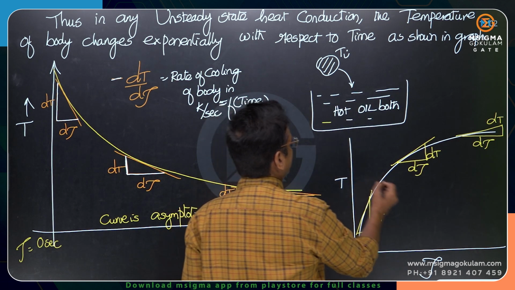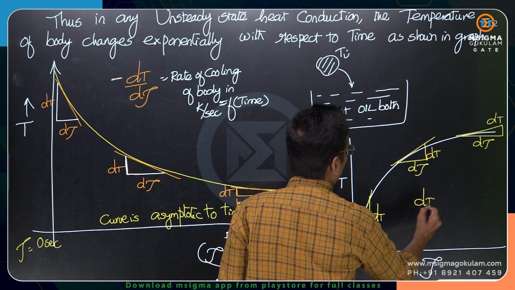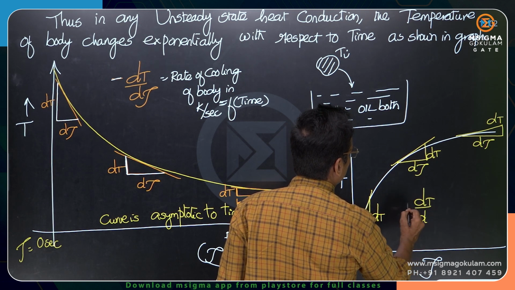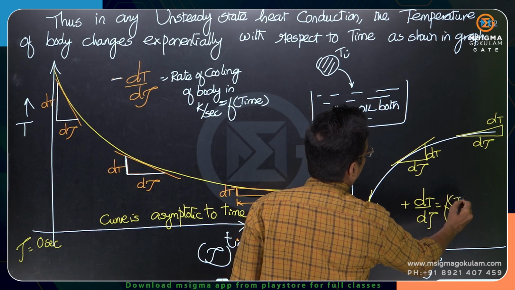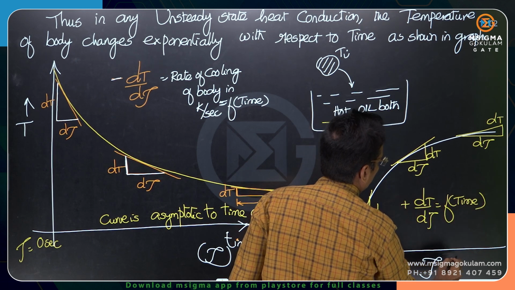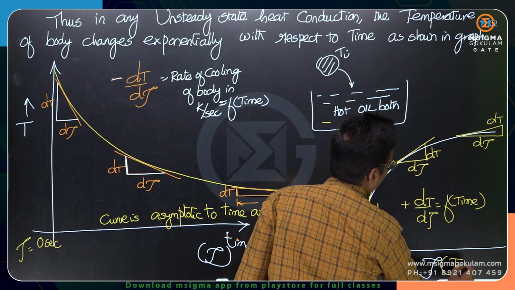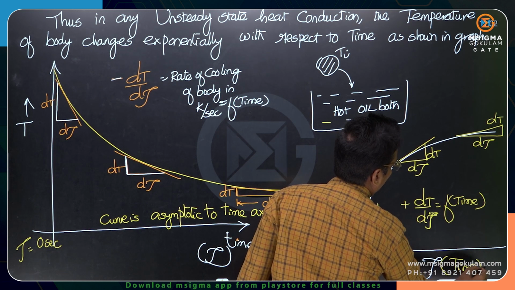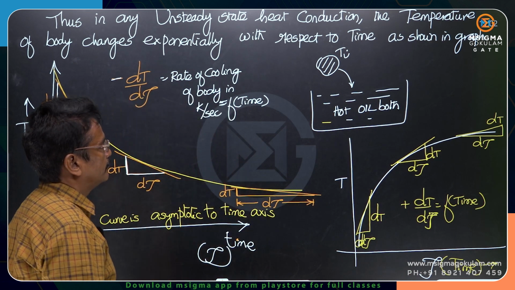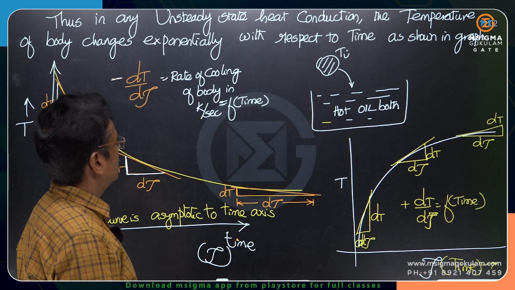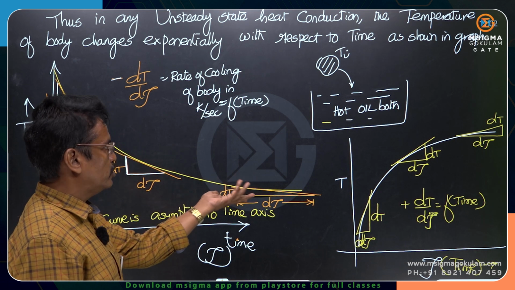Here the dT by d tau, which is positive, is also a function of time. Tau is the time axis. So, during cooling and during heating also this rule is valid.